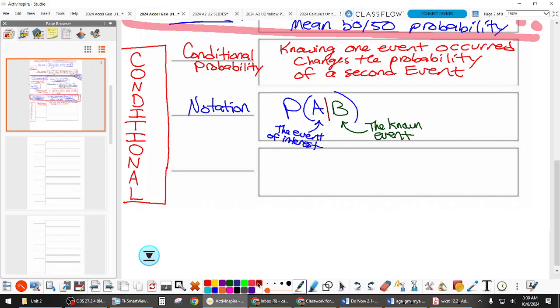And then I want us to say what this line means. So it says given that. In fact, let's write out the whole thing, because this can be kind of confusing.